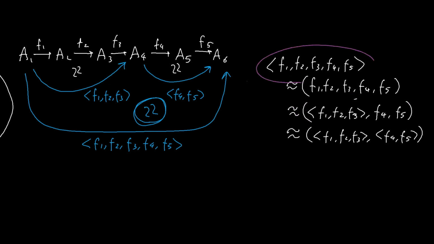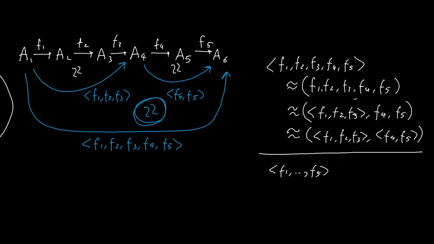But then, because this is equivalent to this and that is equivalent to this, finally, this one will be equivalent to the last one. So from these equivalences, we can, by transitivity, conclude that F1 up to F5, the morphism, will be equivalent to the path F1, F2, F3, F4, F5.